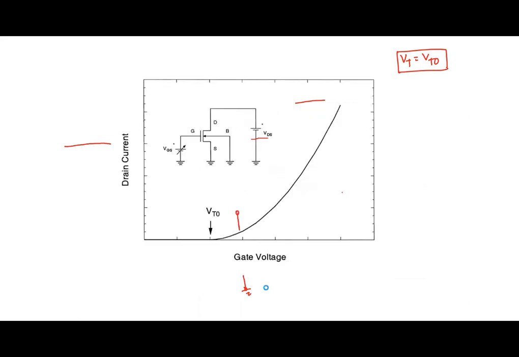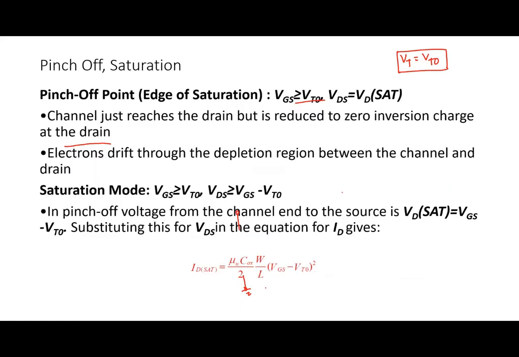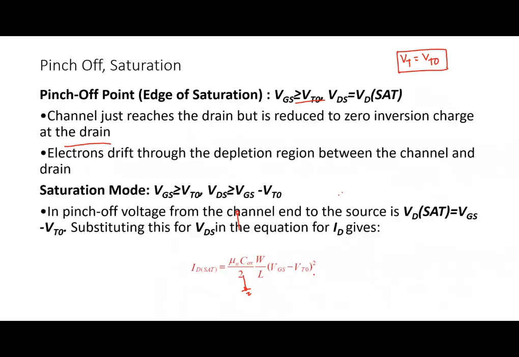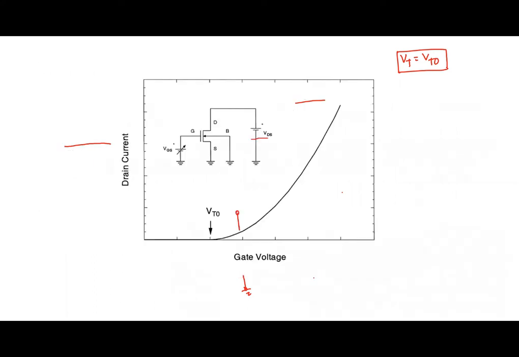So here you can see in saturation mode, when you substitute the values, this expression actually reduces to this expression. So this is for your saturation. And beyond saturation, there is certain modification that I will discuss with you now.